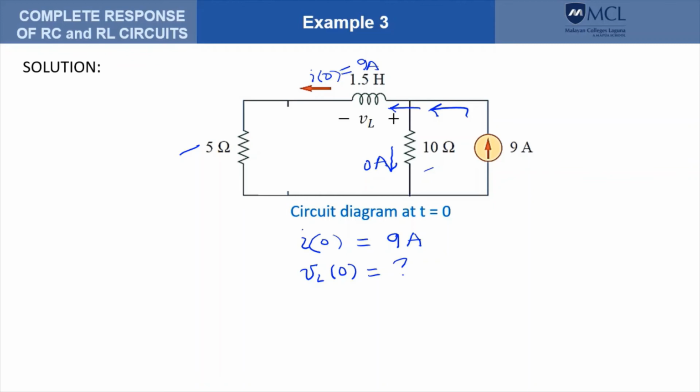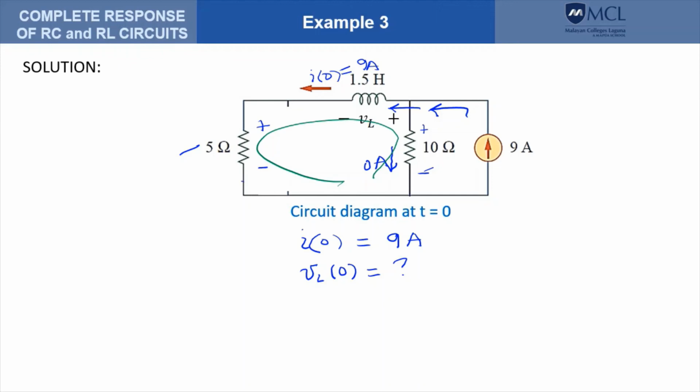So therefore, to solve for V sub L at t equals 0, we can perform a KVL around this loop. The polarity across the 5 ohms is plus here, minus there. For the 10 ohms, it is plus here, minus there.